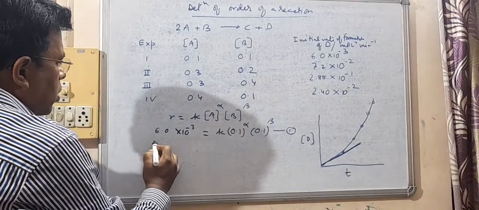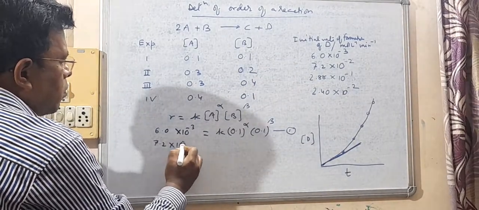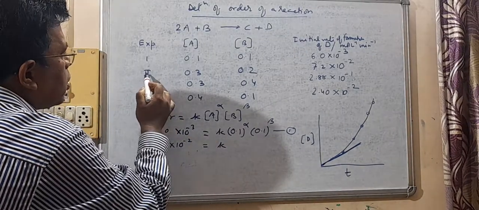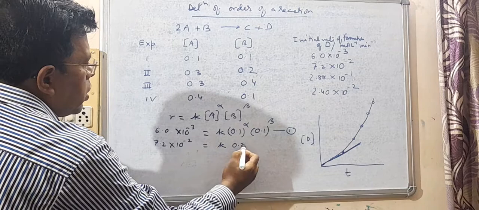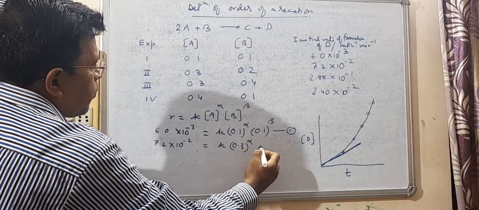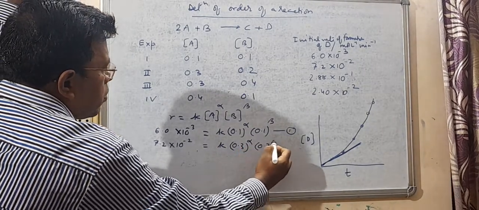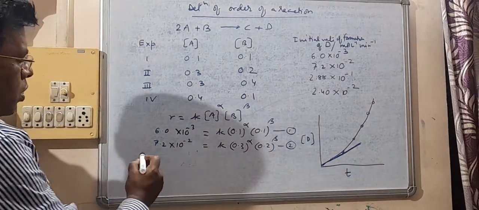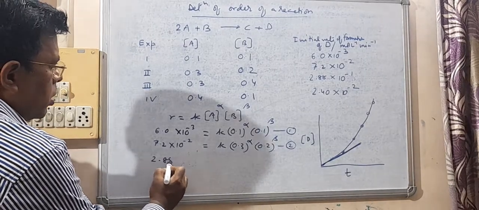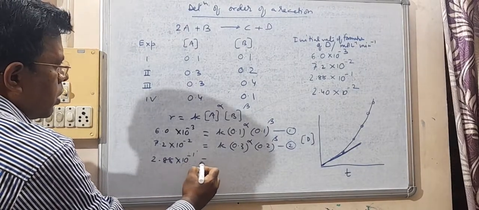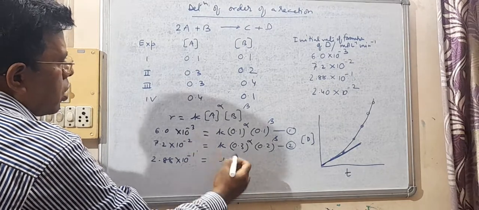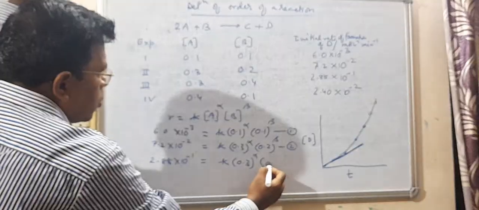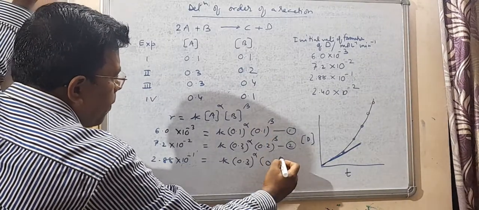Next, 7.2 into 10 to the power minus 2 is equal to K, 0.3 to the power alpha, 0.2 to the power beta. Equation number 2. Likewise, 2.88 into 10 to the power minus 1 is equal to K, 0.3 to the power alpha, 0.4 to the power beta.